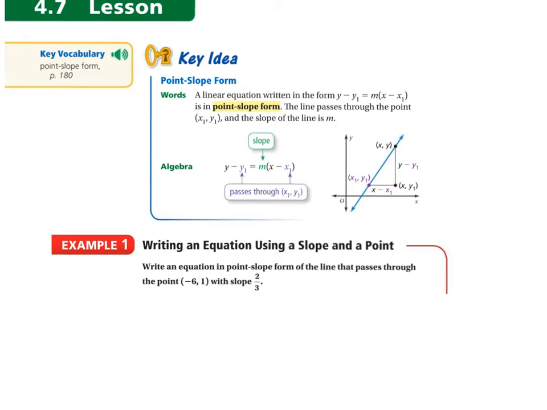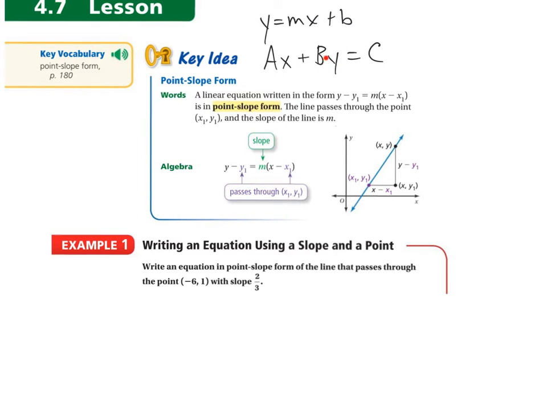Just as a review, we have slope intercept form, which is y equals mx plus b. Standard form, which is some number times x plus some number times y is equal to some number. This one gives me my slope and the y-intercept.